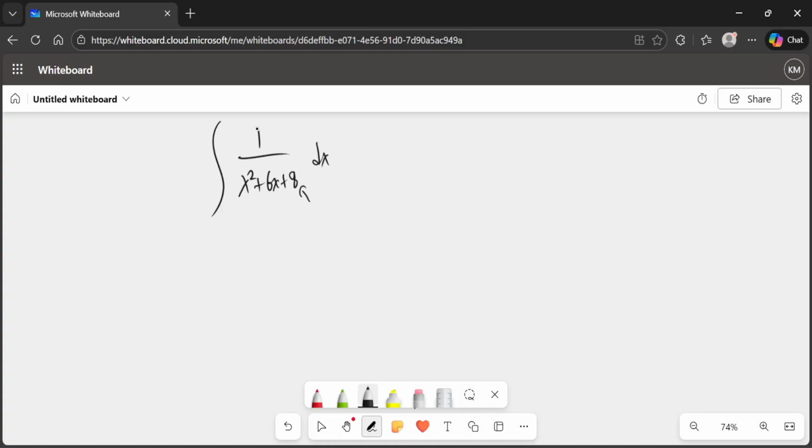First thing, I would check, is this factorable? 2 and 4, that adds up to 6. Okay, so we can do x plus 2 times x plus 4.